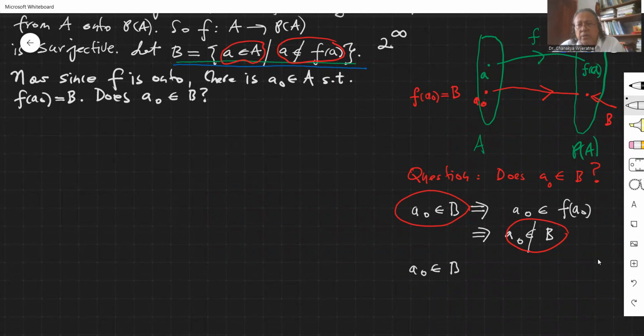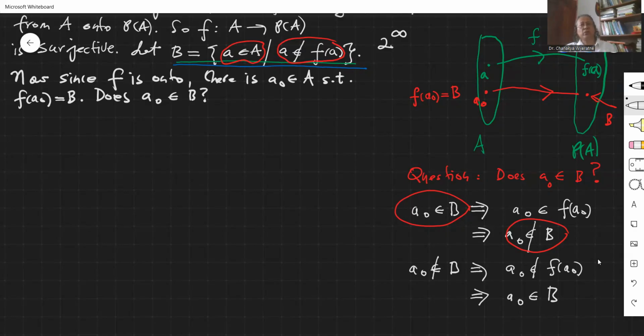A naught doesn't belong to B. So if that is the case, then A naught does not belong to f of A naught. So it means that A naught belongs to B, right?